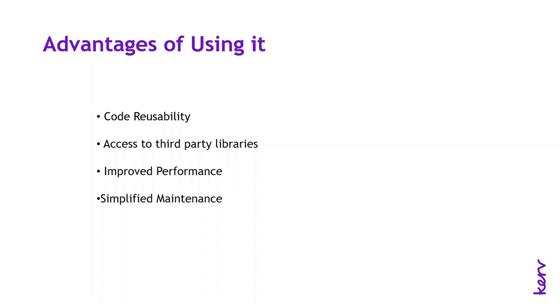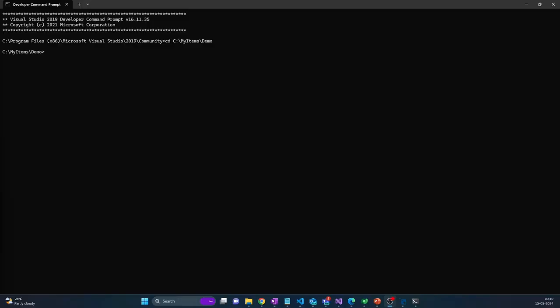Access to third-party libraries: dependent assemblies enable developers to integrate third-party libraries into their plugins. This opens up a world of possibilities, allowing for enhanced functionality and integration with external systems. Improved performance: by offloading complex logic to external libraries, plugins can run more efficiently, leading to improved performance.